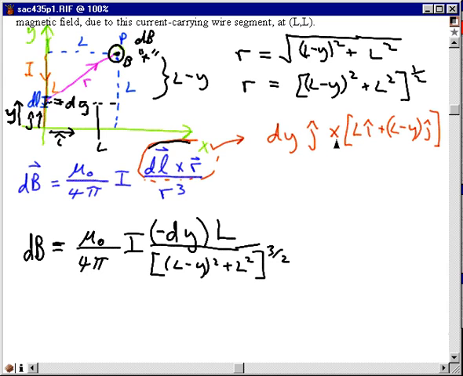So there's the dL cross r, and j crossed into i. Point your fingers in the j direction. Arrange the hand. The palm will be facing rightward in this picture, so that if you close the fingers, they point in the i direction, and the thumb will be pointing in the minus k direction, the minus z-axis.